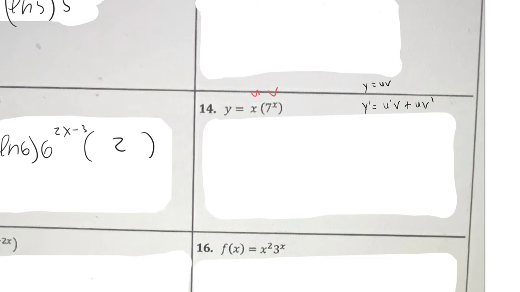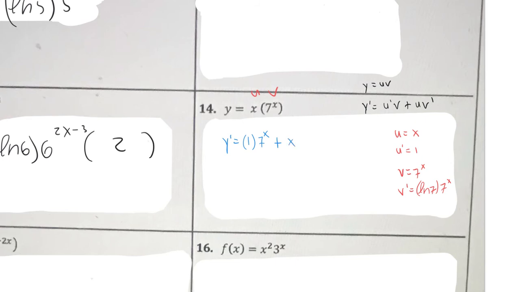So perhaps off to the side, it would be helpful for us to figure out what that is. u is equal to x, u prime is therefore equal to 1, v is equal to 7 to the x power, v prime is therefore equal to ln 7 times literally 7 to the x. It's actually very simple. So all you have to do is use the product rule, which says that it's going to be u prime times v, that's 1 times 7 to the x, plus u times v prime.